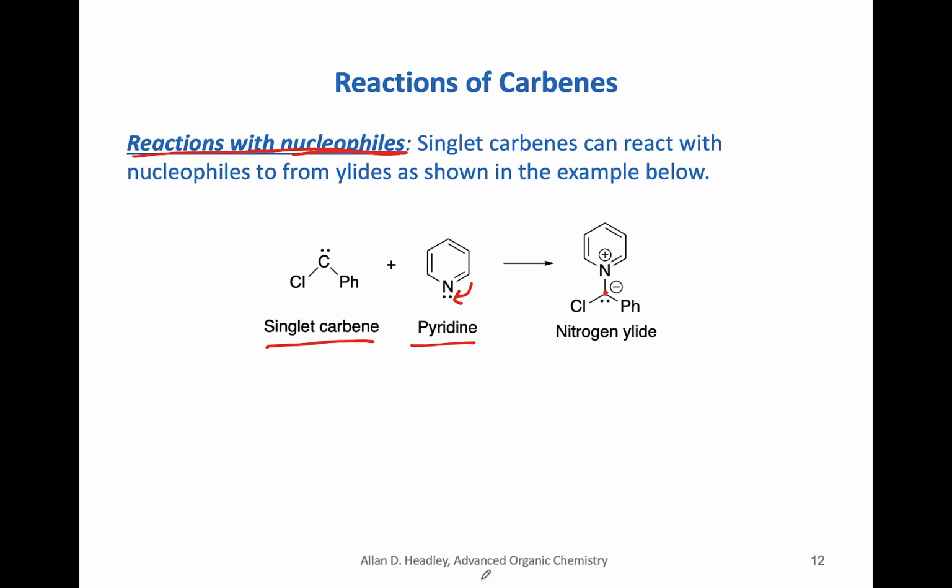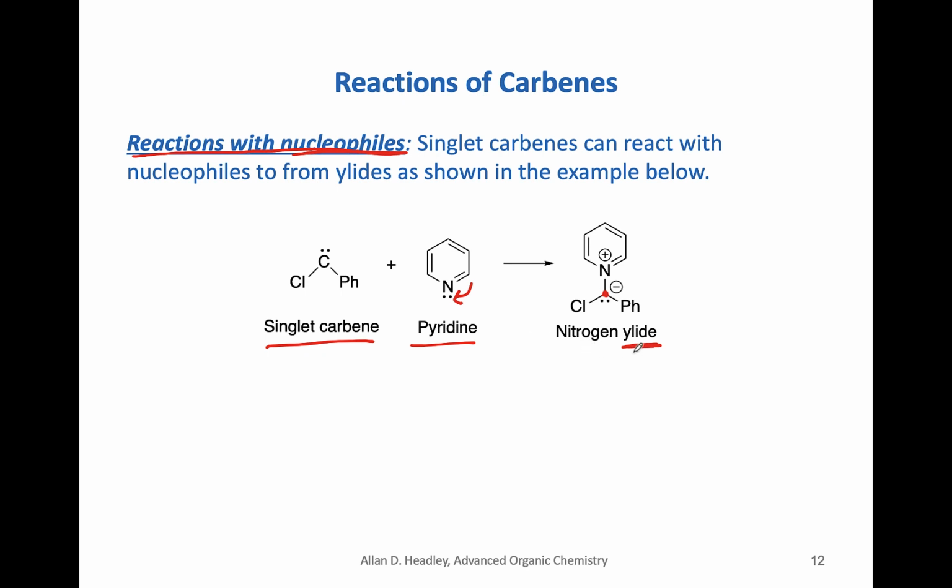You may recall from your general organic that a compound of this type is called a ylid. Why ylid? Because it has a carbon that has a negative charge and is attached to a heteroatom. You may recall the ylid that we looked at in undergraduate is the one that's used to make the carbon-carbon double bond.